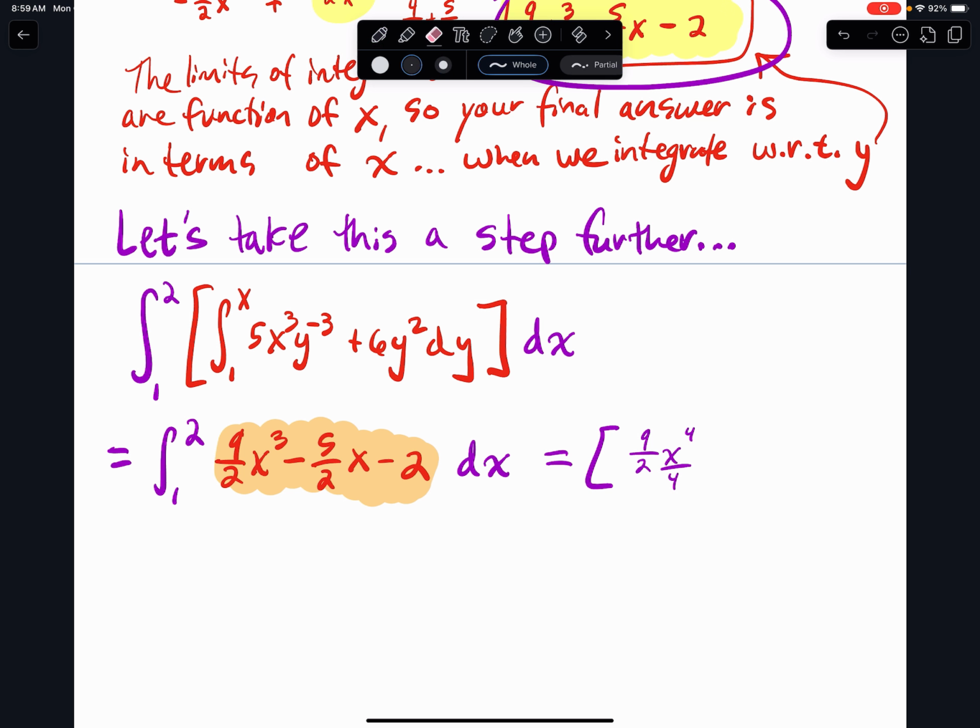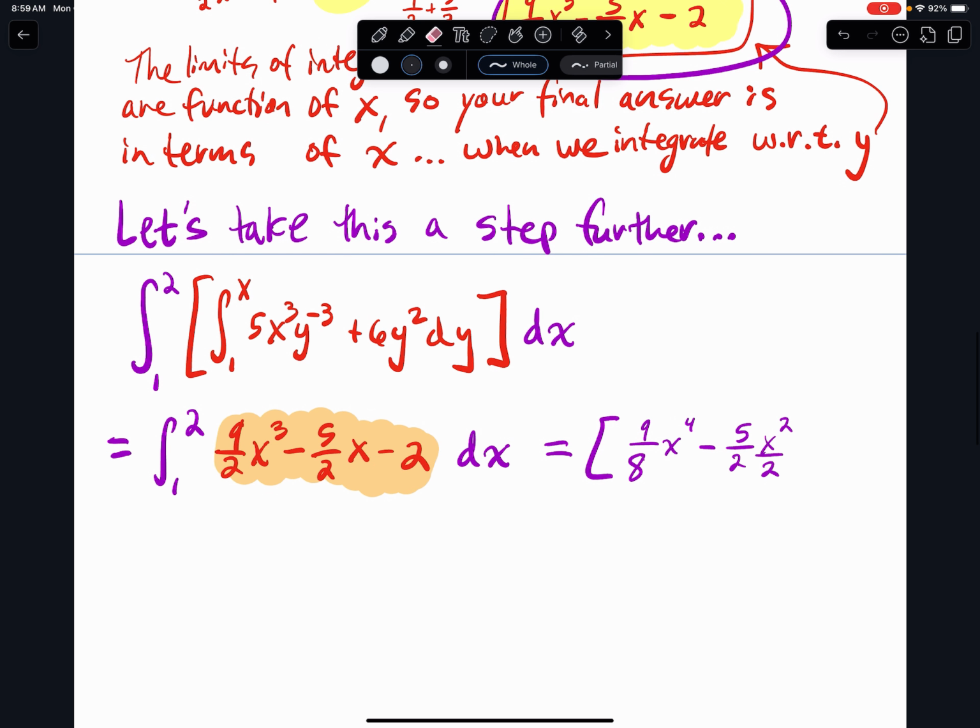So that's going to be divided by 8. Okay, minus 5 over 2x, add 1 to it, divide by it, so that's going to be divided by 4 in the denominator, minus 2x, and then raise that from 0 to 1, divide by 1, and I'm going to integrate that from 1 to 2.